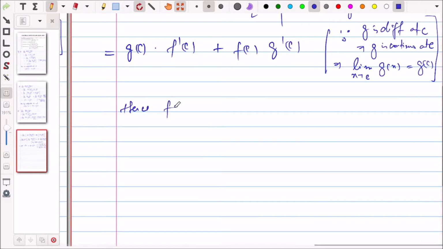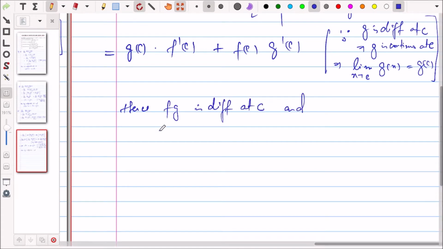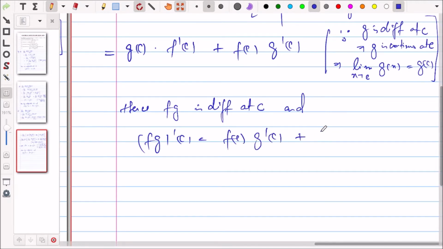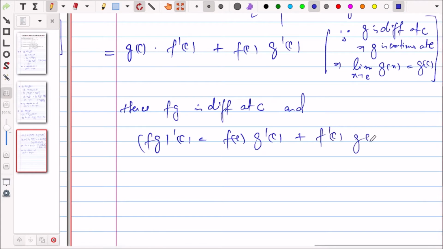So hence fg is differentiable at c and (fg) dash c is equal to f(c) g dash c plus f dash c g(c).